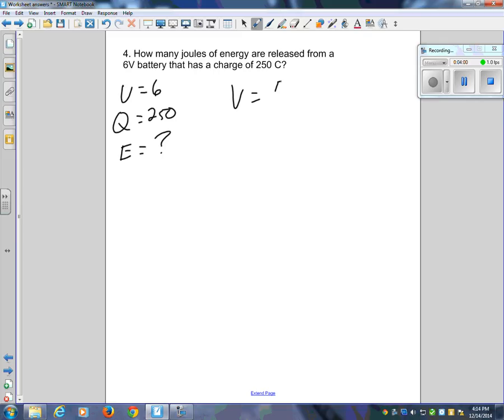V equals E over Q. We're solving for E. The formula for E is Q times V. 250 times 6 equals 1,500 joules of energy.